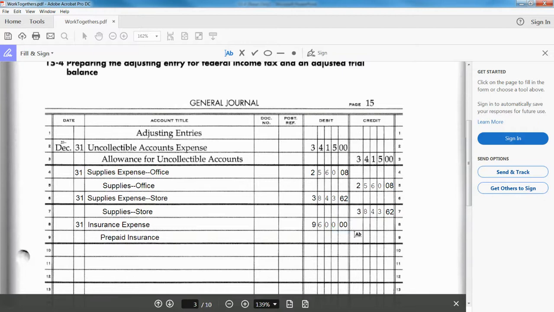And we are going to credit prepaid insurance for the same amount, $9,600 and no cents. And that is all you need to do for 15.1 work together. So now you can go on and do 15.1 on your own. So good luck, and let me know if you need any help.